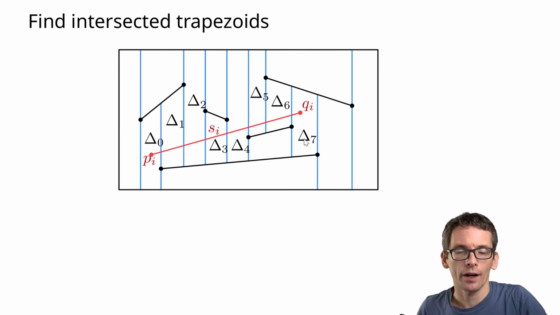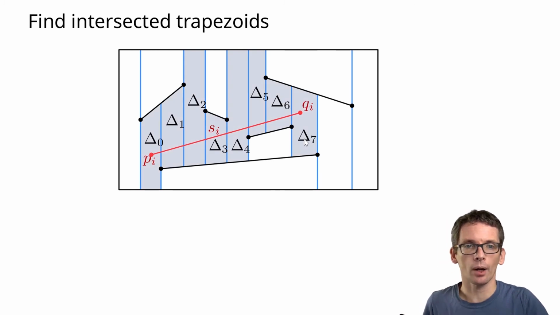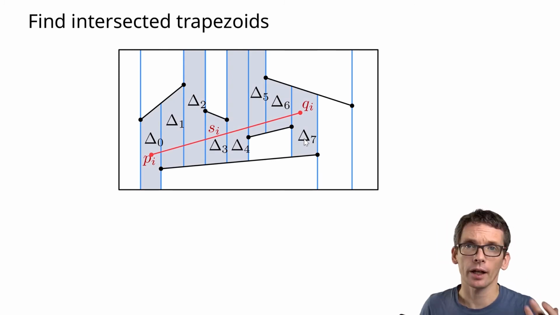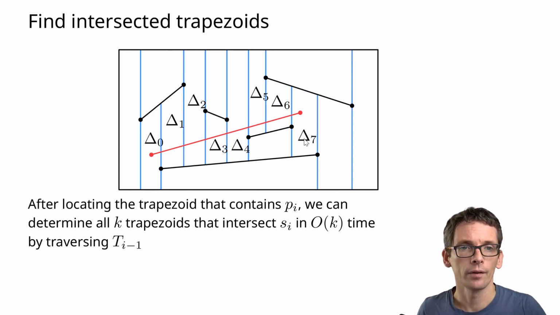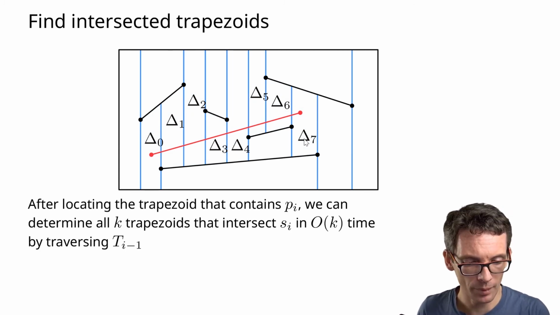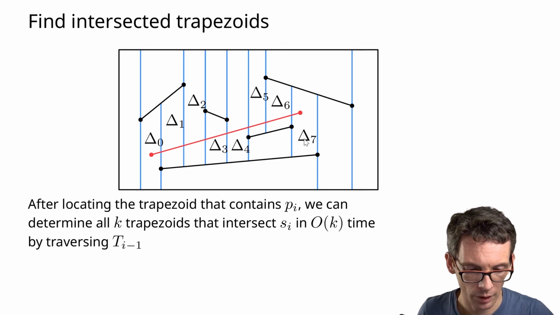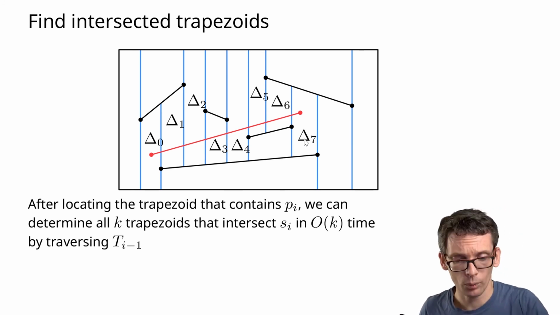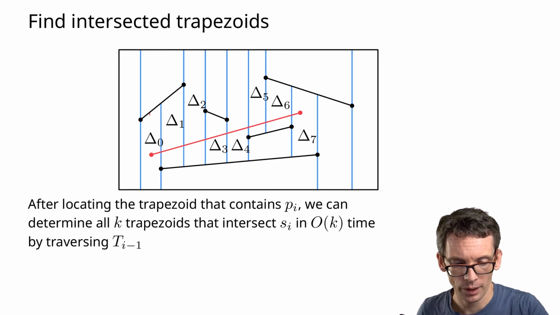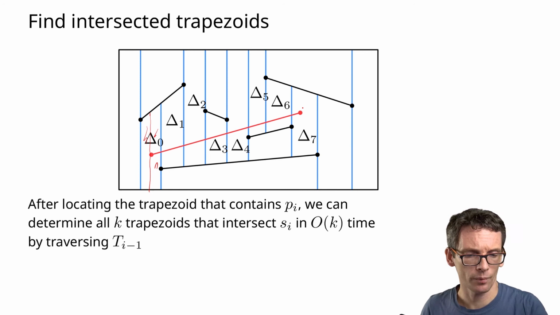So I find all of these trapezoids, and these are the trapezoids that I will want to remove. Let's say there are k trapezoids that I want to remove. Each trapezoid I can essentially at most cut in half, except for the first and the last one. So this delta 0 might be cut in 3 pieces, same delta 7.